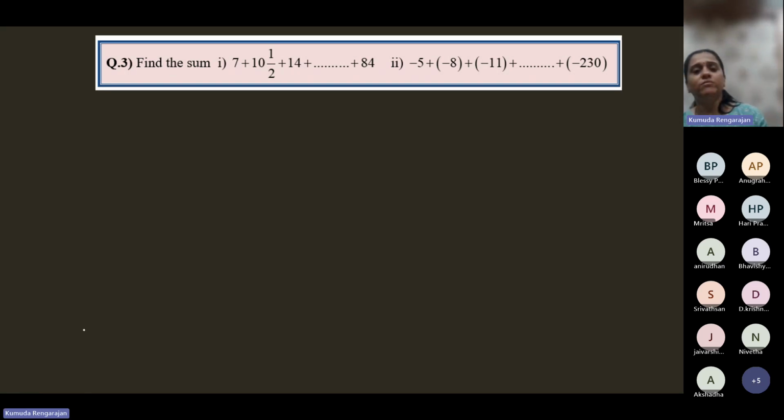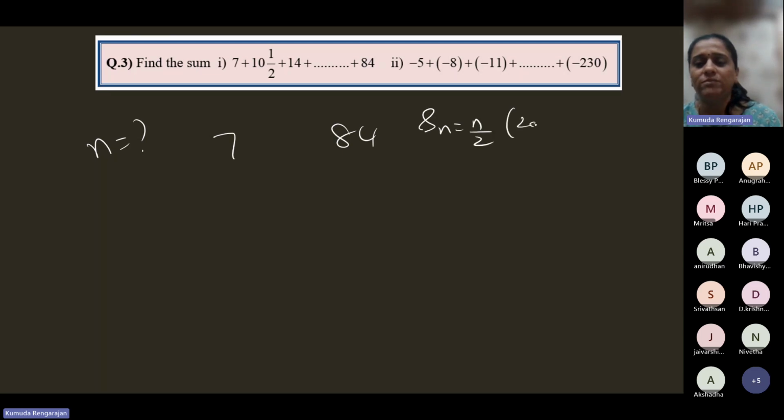So it is very important, to find the sum, you need to know how many terms there are from 7 to 84. You need to know the value of n first. So what's the formula to find the sum? Sn is equal to n by 2 of 2a plus n minus 1 into d. What are the unknowns here? A, n, and d.